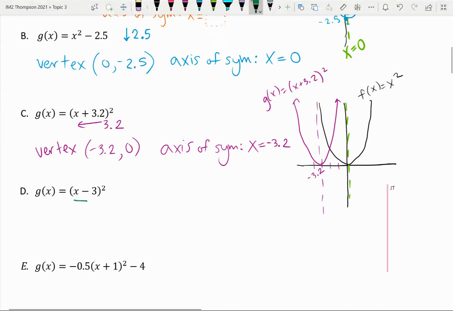The minus 3 inside the parentheses moved my graph to the right 3. 1, 2, 3.